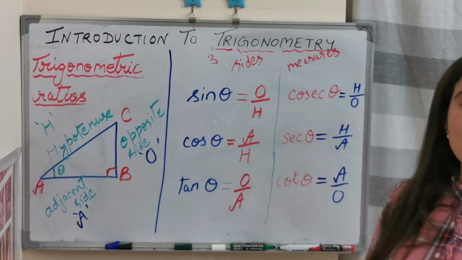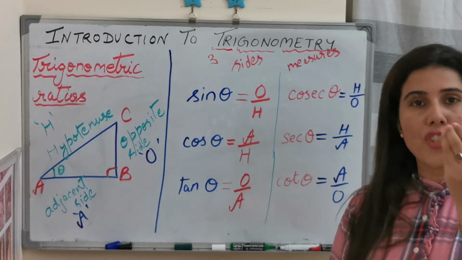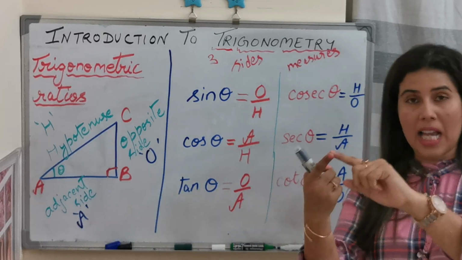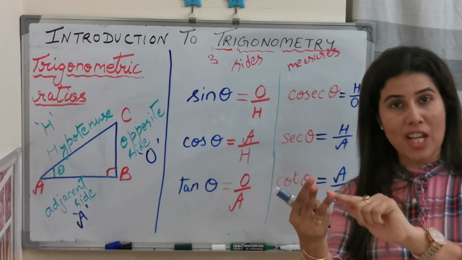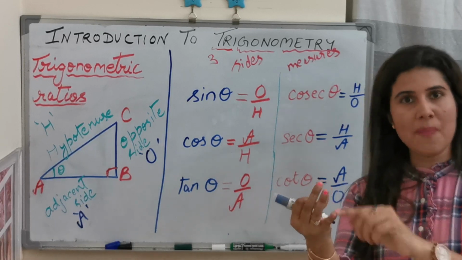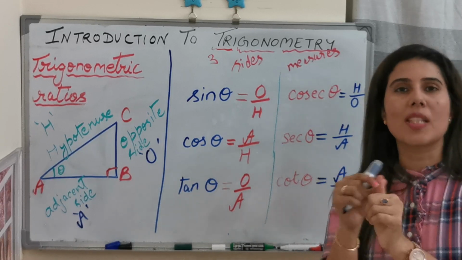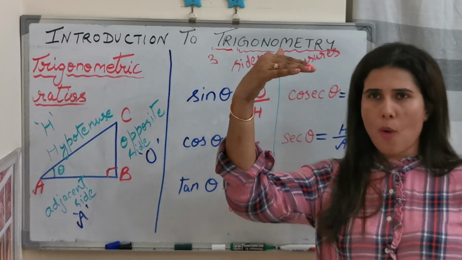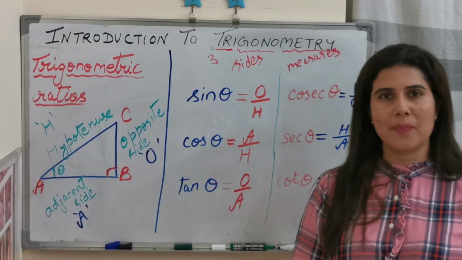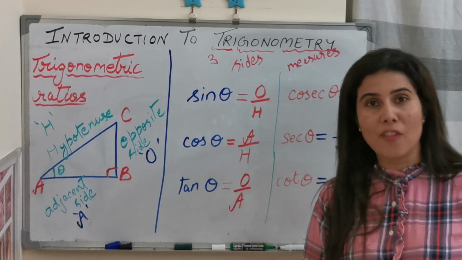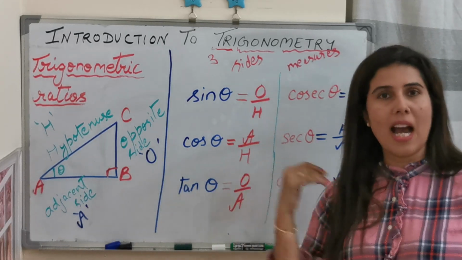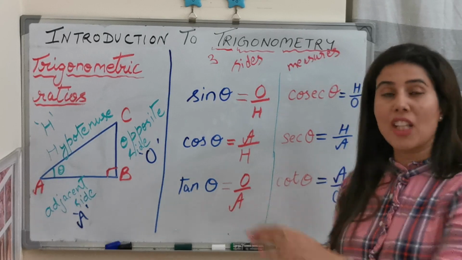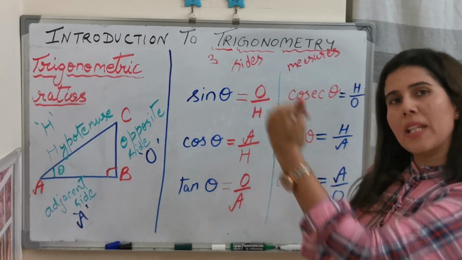So children, these 6 are the main basic trigonometric ratios: sine theta, cos theta, tangent theta, cot theta, secant theta and cosecant theta. The value of sine theta is opposite over hypotenuse. The value of cos theta will be adjacent over hypotenuse. And the value of tangent is division of sine by cos.